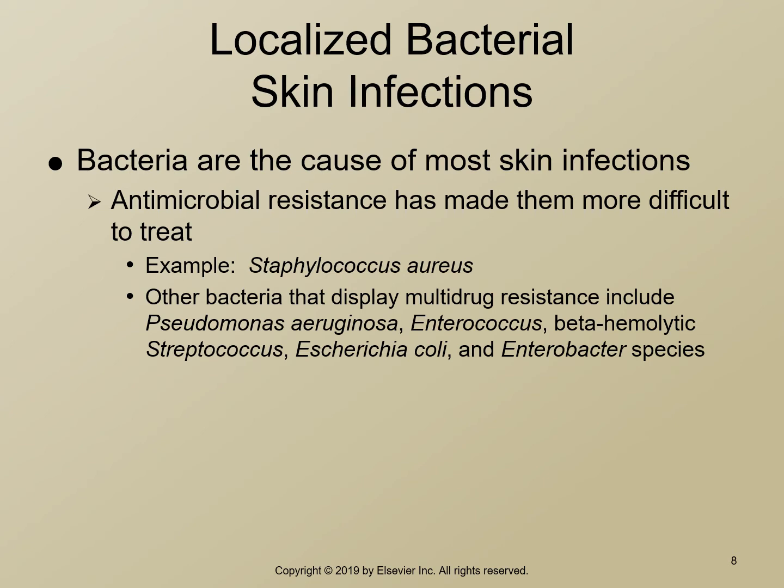So we know MRSA, or methicillin-resistant Staph aureus, is an organism of concern. Other bacteria that display multi-drug resistance include Pseudomonas aeruginosa, Enterococcus, beta hemolytic strep, E. coli, and Enterobacter species.